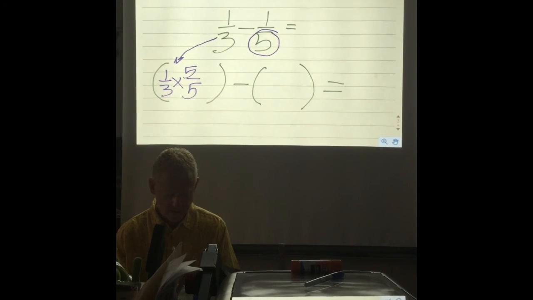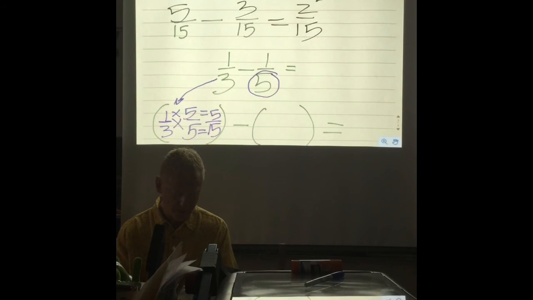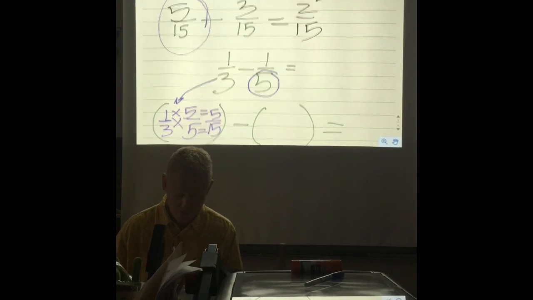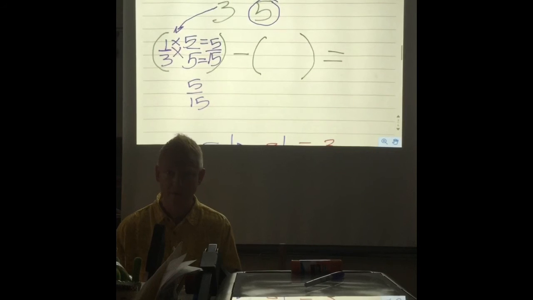And that's going to give us what? 1 times 5 is 5, and 3 times 5 is 15. So as you can tell, we have 5 15ths. Does that look familiar? It should, because isn't that what we have here in our last problem? And I showed you how to do that by drawing last time, right? Now this time I'm showing you the parentheses kind of way of doing it.